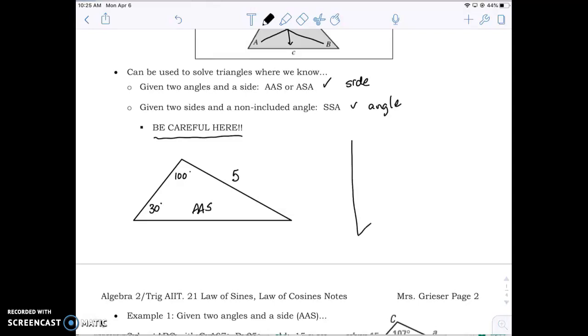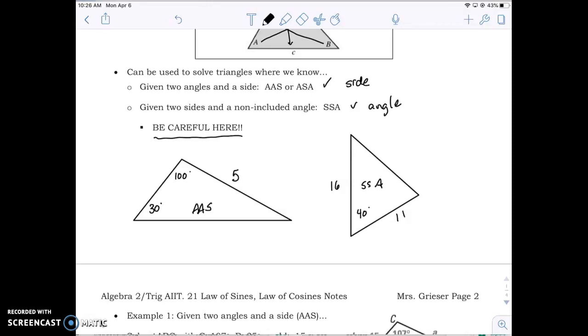Let's look at another scenario. I'm learning that drawing triangles in funny orientations is very important. Let's say I have 40 degrees, I have 16, and I have 11. Do I have two sides and an angle, or two angles and a side? I have two sides and an angle. Both of these scenarios allow me to find the missing sides and the missing angles.